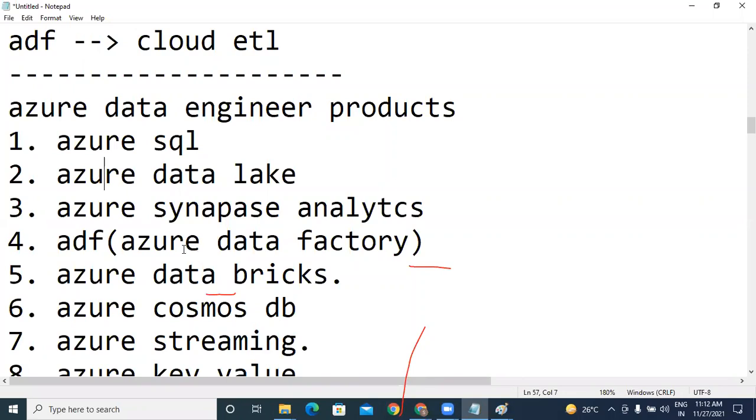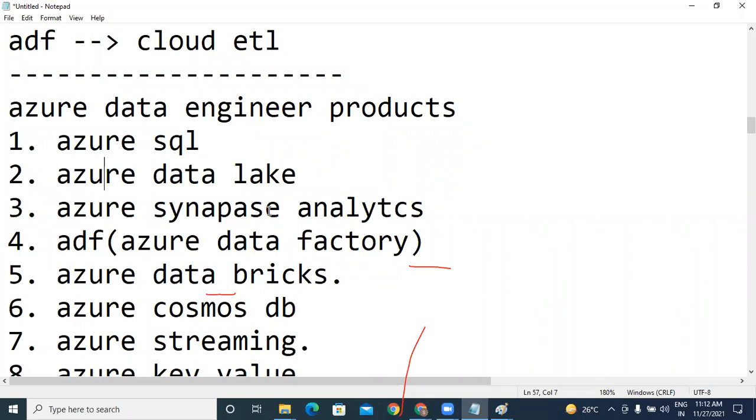And finally, for something I have processed with Synapse, or else I have processed data with Databricks, these results are required for my online applications. But Synapse is analytics. Synapse is not for the online application.